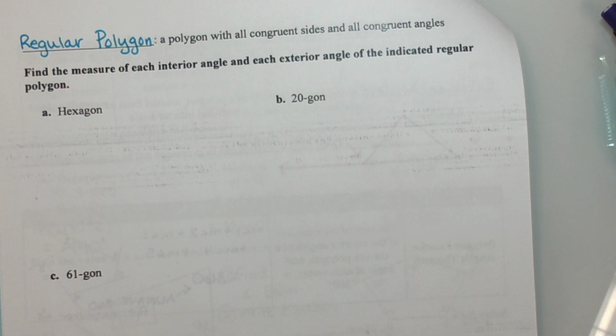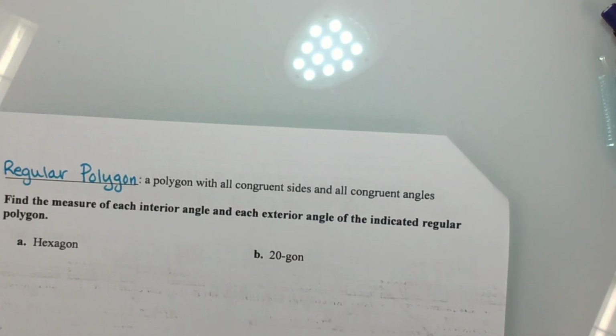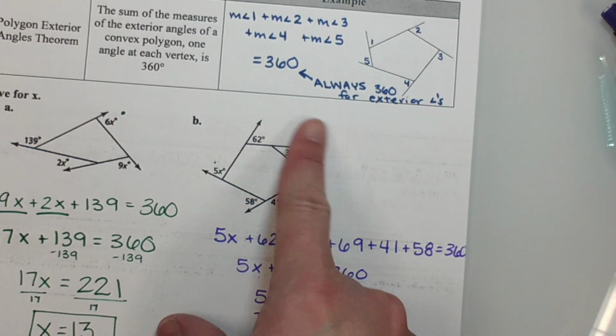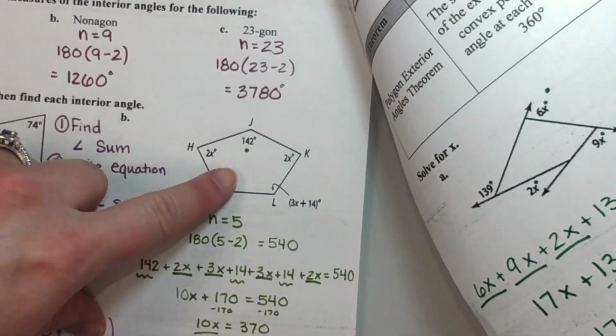Now, if you have a regular polygon in which all of its sides and all of its angles are congruent, that means you can find each individual interior angle and each individual exterior angle without having to have all of this stuff notated around or inside.